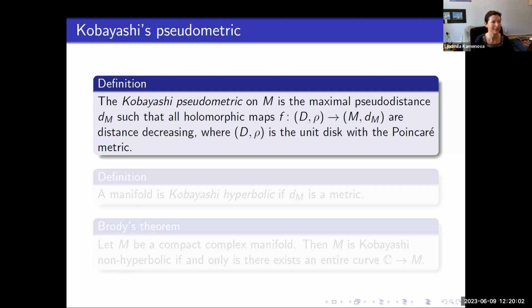So what is the pseudo distance? This is a distance function that measures the actual distance between two points on a complex manifold. Why is it a pseudo distance? Because even though it satisfies the triangle inequality, it can happen that the distance between two different points is 0. And that's why it's called a pseudo distance.